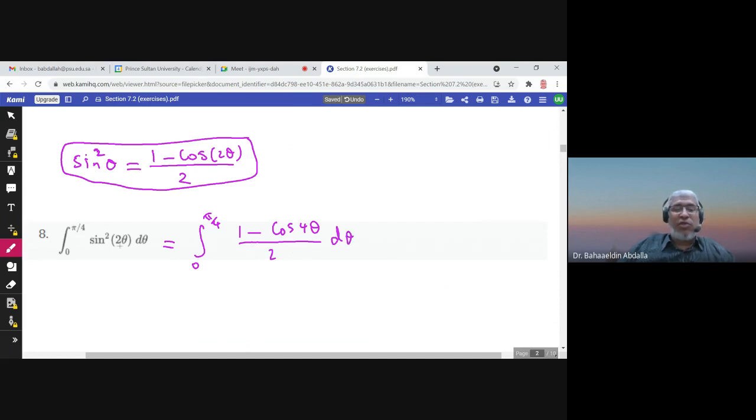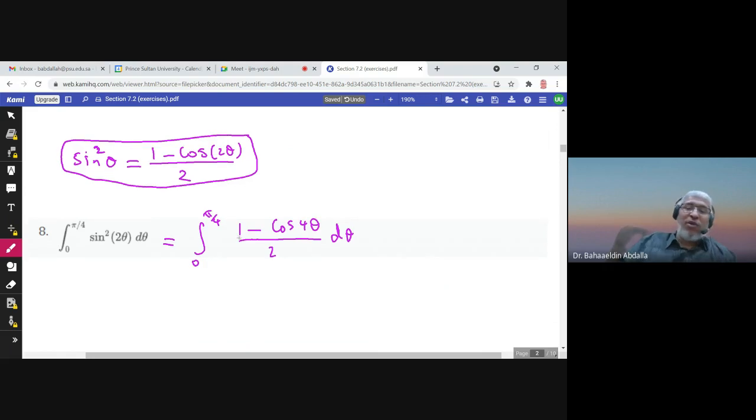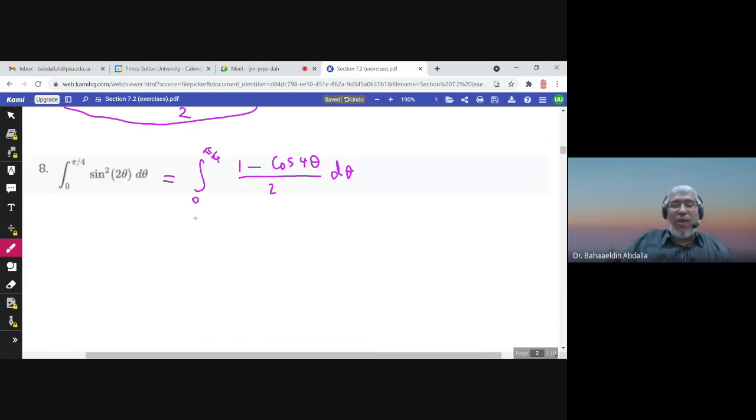So this question will be transferred to this question. 2, I can take the 2 outside as half, and I have 1 minus cosine 4 theta d theta, and the integral is easy.